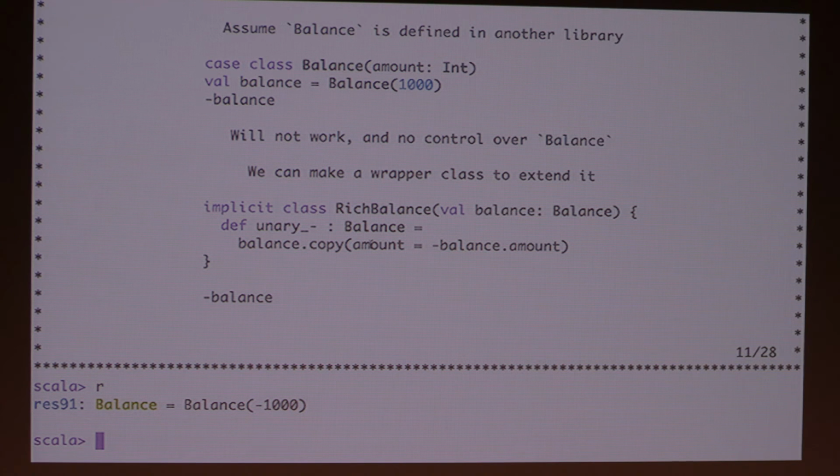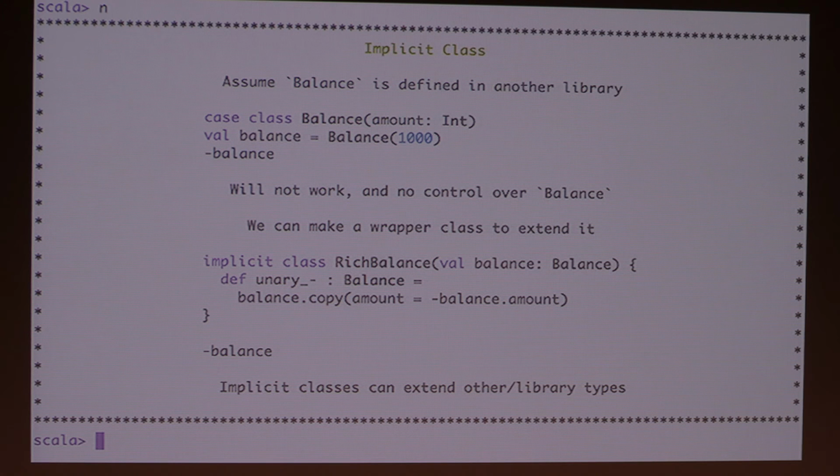Please enable this explicitly with a flag, because things might go wrong. If you use implicit classes, you do not have this warning, and you can still use it as this, where you actually wrap an existing type where you don't have control over, and you can add methods to it, which is really powerful, I think. Implicit classes can extend other libraries and types.